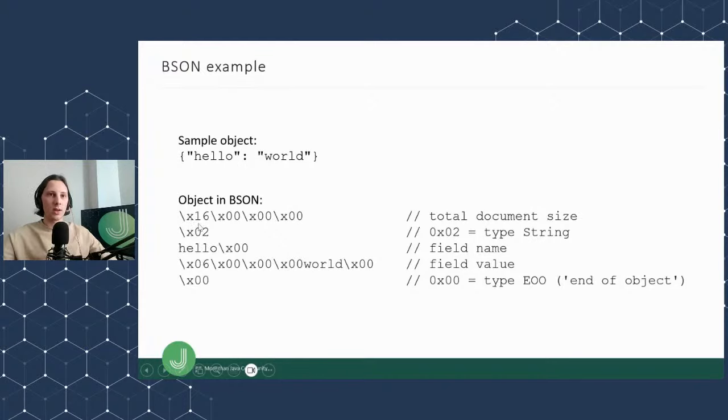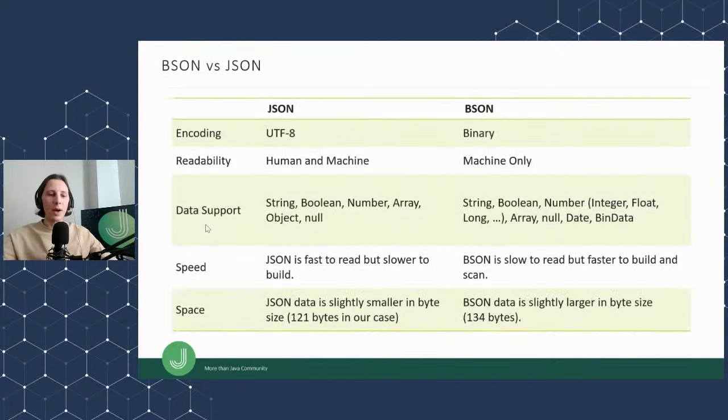Then it will see, okay, the next object is like, I don't know, 10 kilobytes in size. We don't have to read these 10 kilobytes. We just increment our counter by 1 and skip it and go further. So yeah, for scanning, it's much faster. But for it, we lose some readability and lose some space.